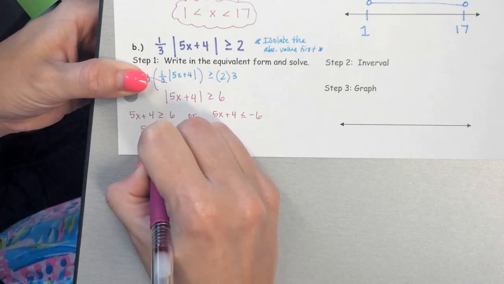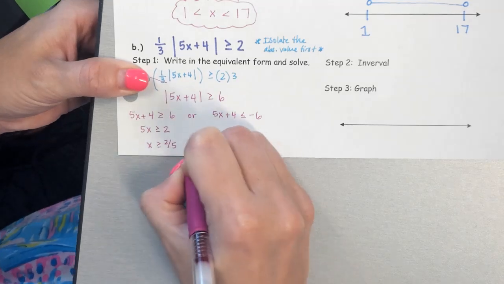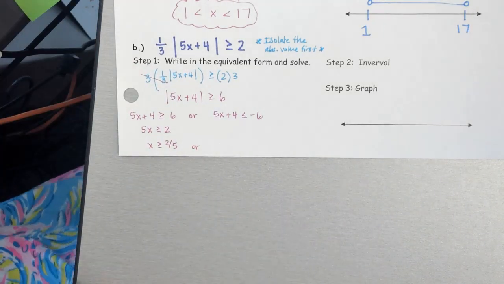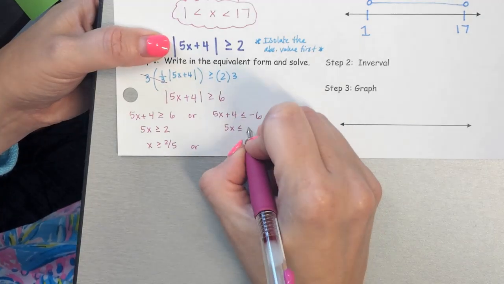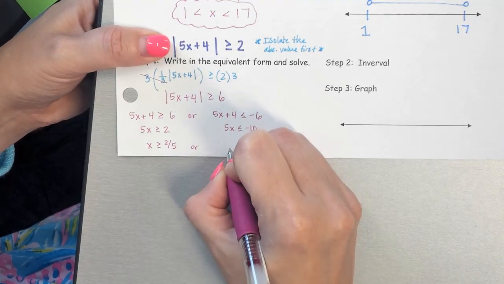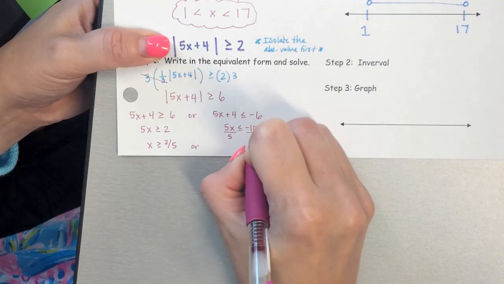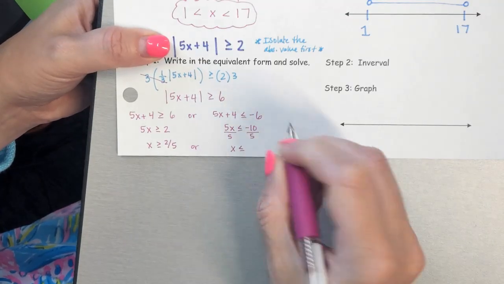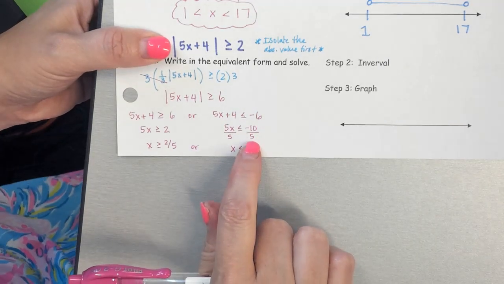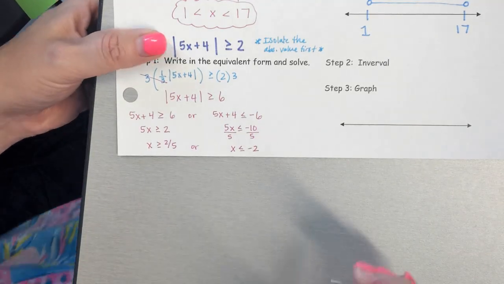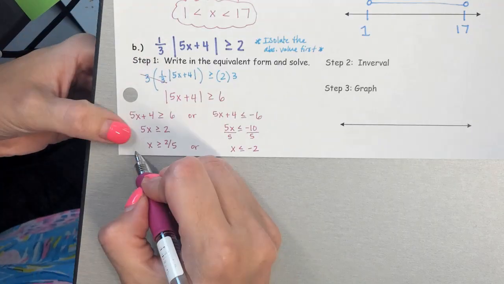Divide by 5, x is greater than or equal to 2/5, or when we subtract 4 here, we're going to get -10. Divide by 5, x is less than or equal to -2. You don't have to flip the sign because you're dividing by a positive.